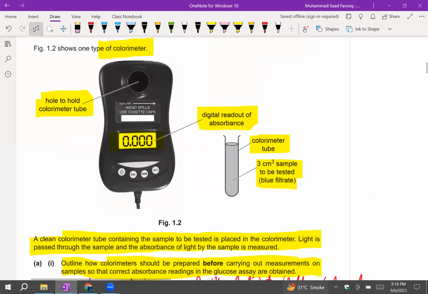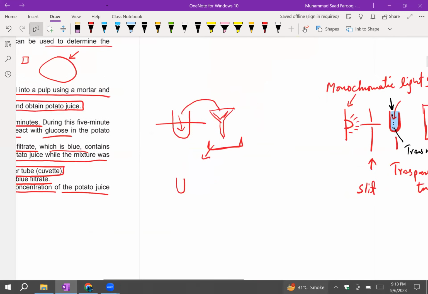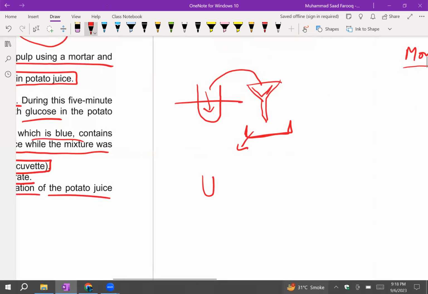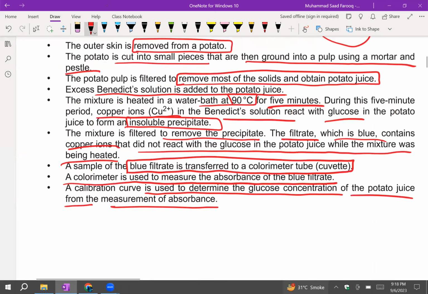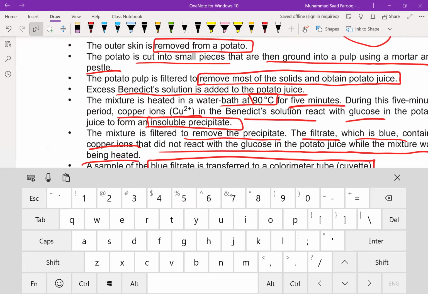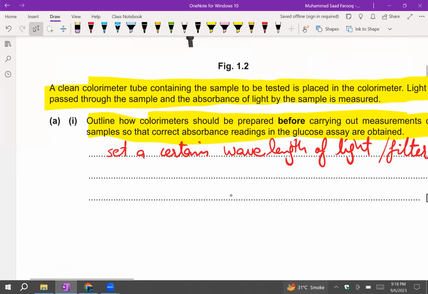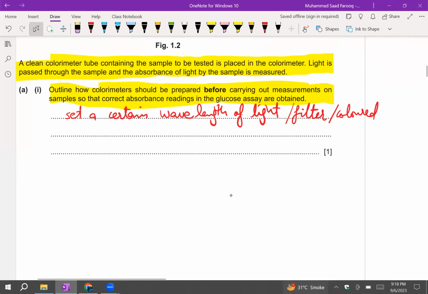Remember I mentioned that we are going to use monochromatic light, the light which is of one color. So this was for just one mark.